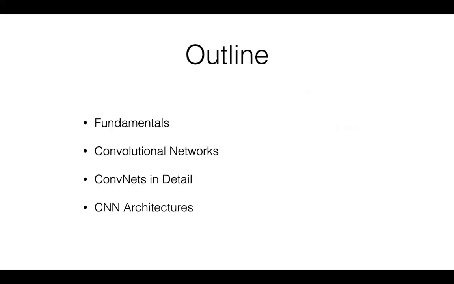What I'm going to say is, first, the fundamentals of convolutional neural networks, the motivation, and what was the big change in machine learning when convolutional neural networks were introduced. And then we are going to discuss in general what convolutional networks are.